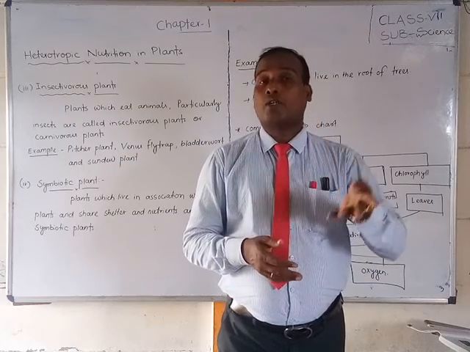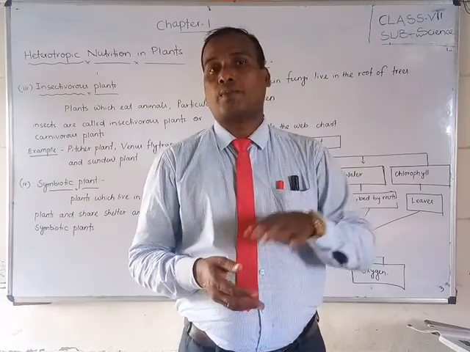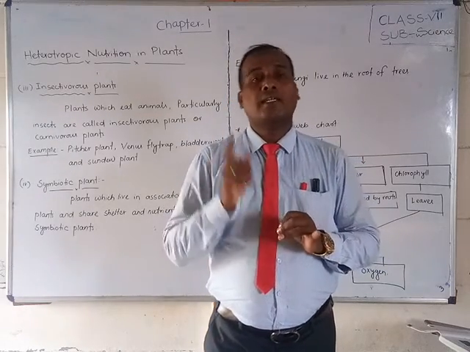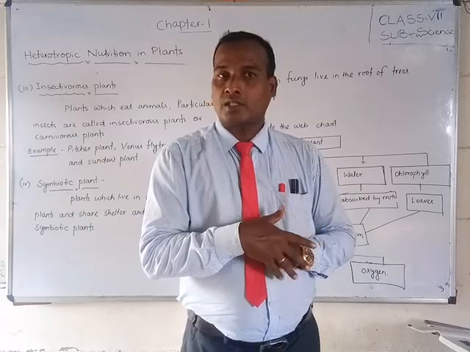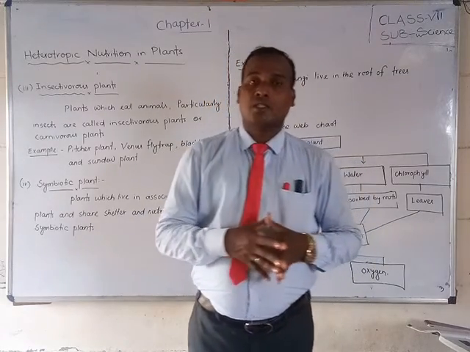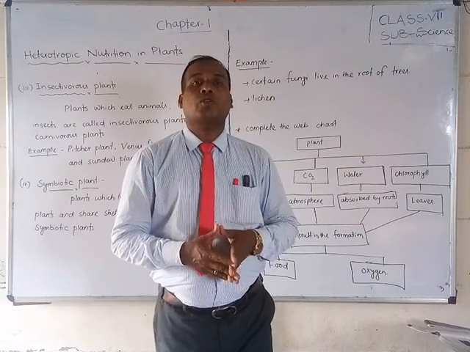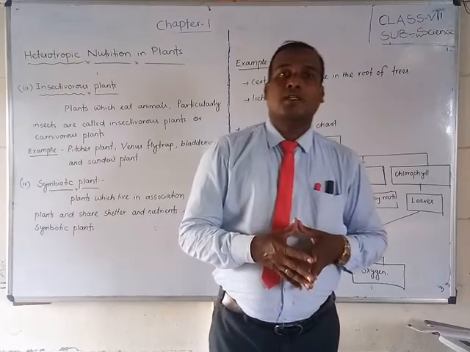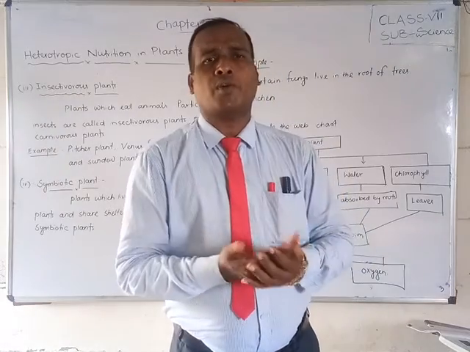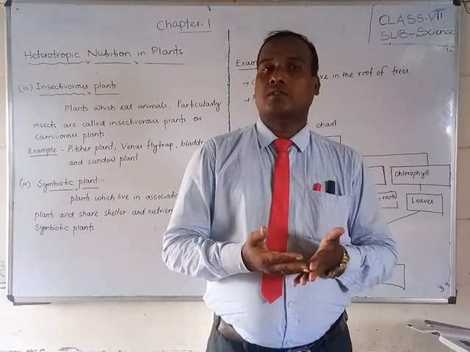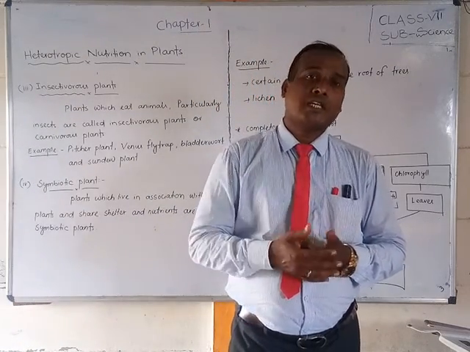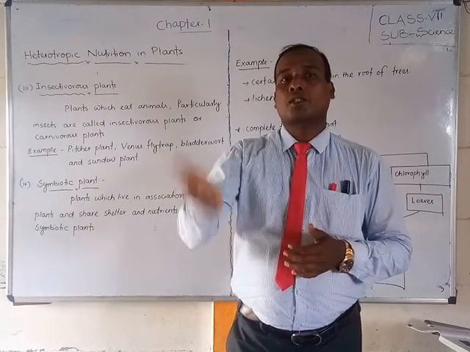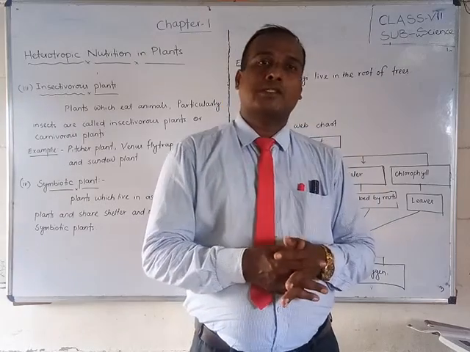ठीक है, heterotrophic modes of nutrition or heterotrophic plants, there are four types: parasitic, saprophytic, insectivorous plants, and symbiotic plants. I have explained about that. Those non-green plants, those who have no green pigment or chlorophyll in their leaves, depend upon other plants or animals for their food.